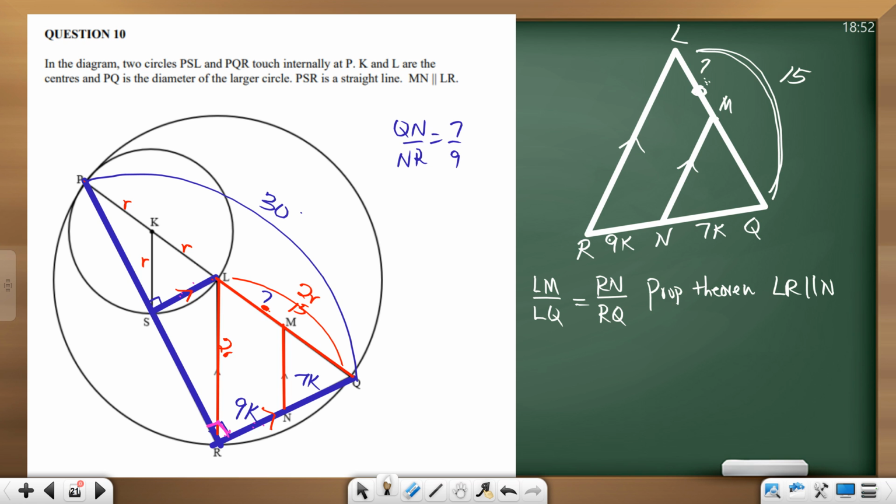LR parallel to what? NM. I'm looking for LM, right? But do I know LQ? 15. It's not a ratio. We are told that's the length. What about RN? It's a ratio. 9K. What about RQ? 16K. Do you see we're done already? What is LM? Cross multiply. 9 times 15 over what? Over 16. You get your answer.